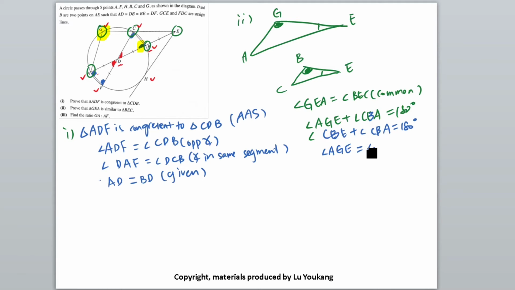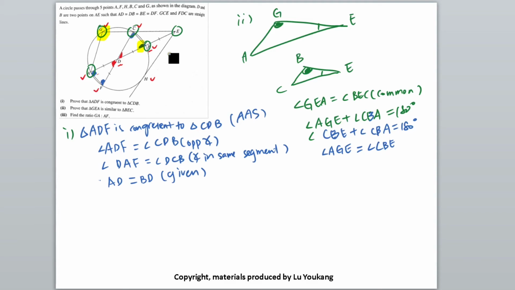So with two angles being equal, I can now say that my triangle GEA is similar to my triangle BEC. And I hope it's not too hard for you to see as well.